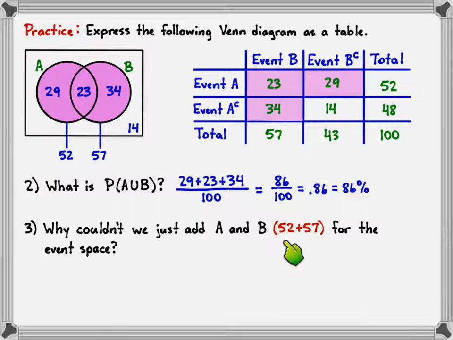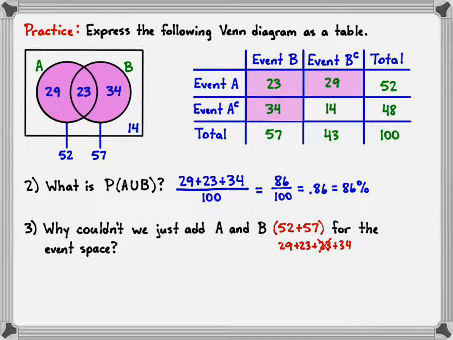So if I rewrote this 52 plus 57, that's kind of like saying, what is 29 plus 23, right? That's my 52, and then plus 23 plus 34. That is my 57 here, right? So what ended up happening? Well, I ended up adding the 29 like I was supposed to, and the 34 like I was supposed to, but notice I added this 23 two times. I don't want to add the 23 two times.